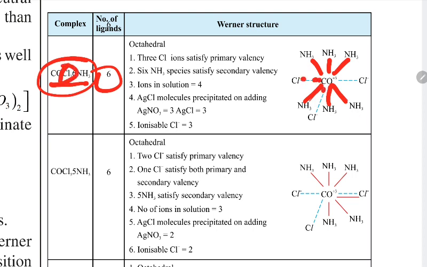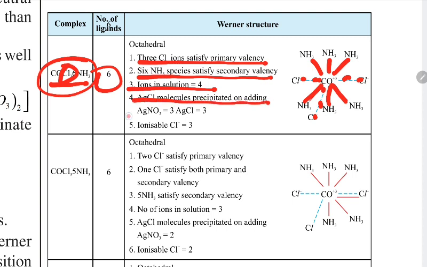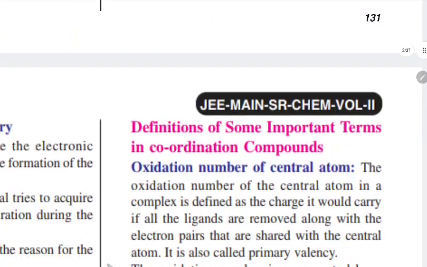The dotted line represents the non-ionic bond, the ionizable valency. 3 Cl satisfy the primary valency, and 6 NH3 species satisfy the secondary valency. The ions in solution are 4. Adding AgNO3, 3 AgCl is precipitated. So the ionizable valency is 3. This is how we have to understand it, students.